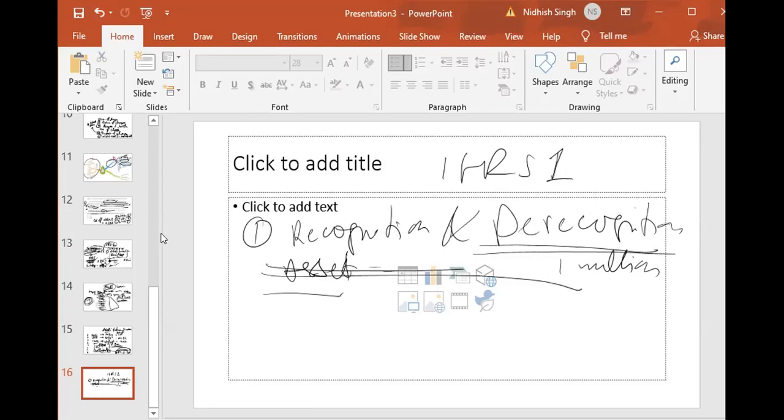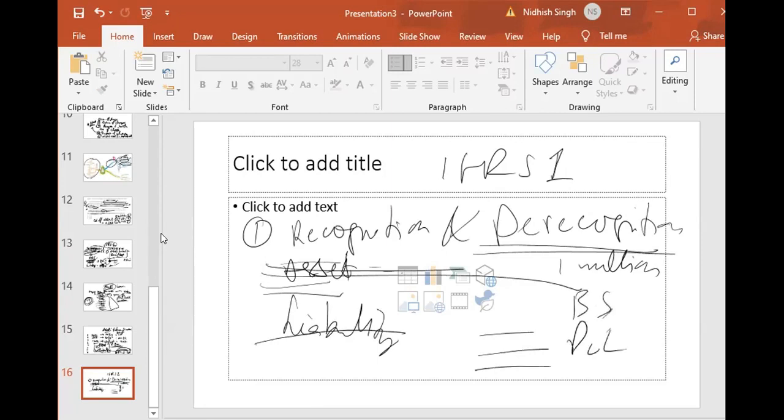So you have to derecognize some of the assets, or maybe some of the liabilities as well. You have to remove, right? That means you have to really analyze each and every number in the balance sheet, in the P&L, in cash flow, and accordingly decide whether it should stay or it should be gone. So the recognition and derecognition need to apply from the start.